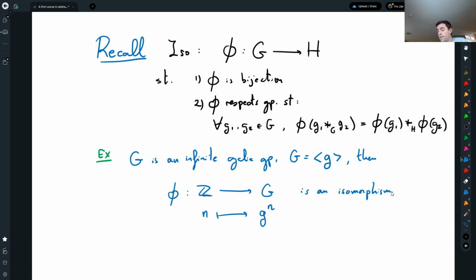And that told us that every infinite cyclic group is isomorphic to the integers, which was just one interesting result. This map is bijective and it respects group structure.